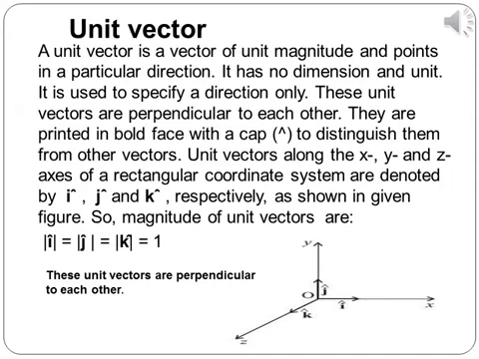So, the magnitudes of the unit vectors are given by modulus of i cap equals modulus of j cap equals modulus of k cap, which is also equal to 1.